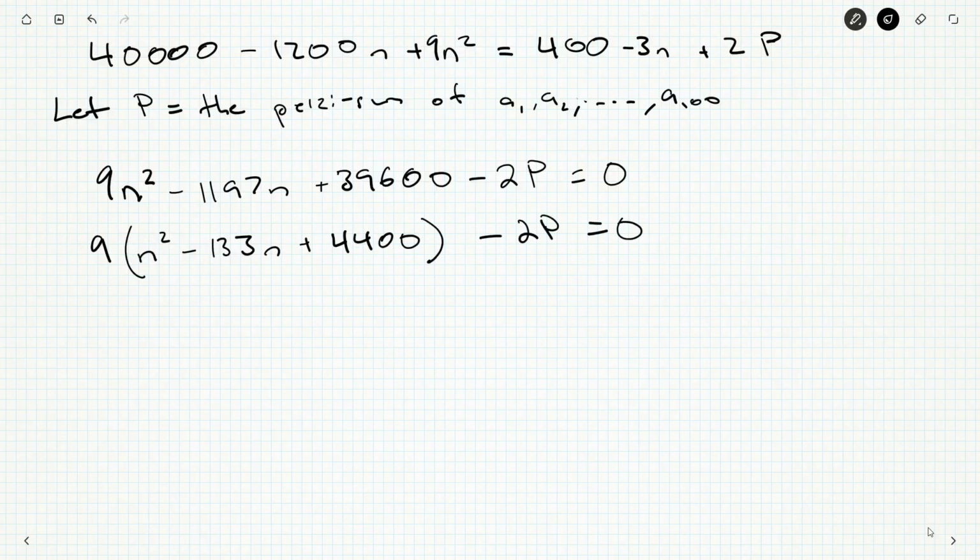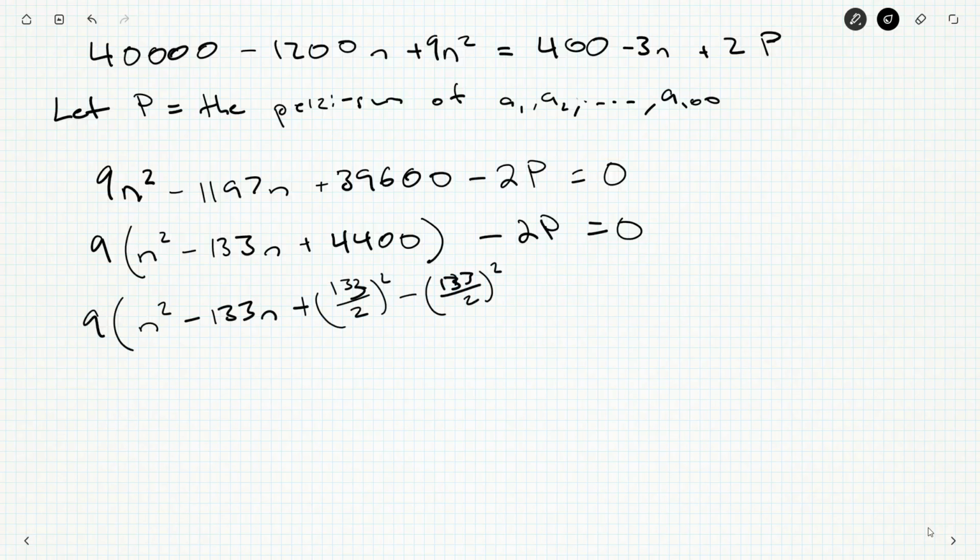But anyway, I guess we'll have to do 133 divided by 2, so we'll add on 133 over 2 squared, and then subtract off 133 over 2 squared.